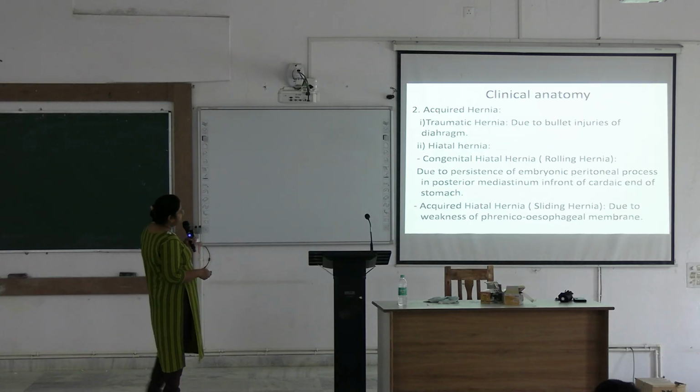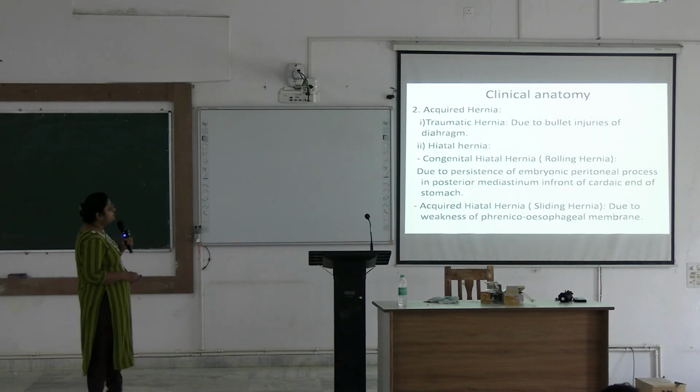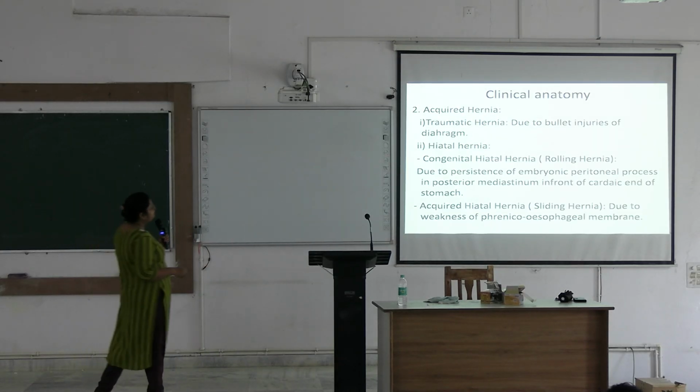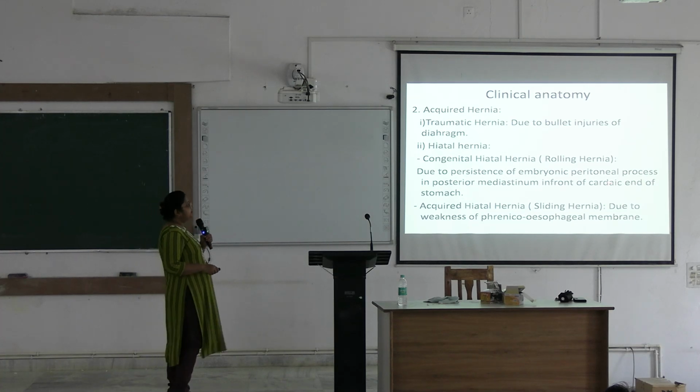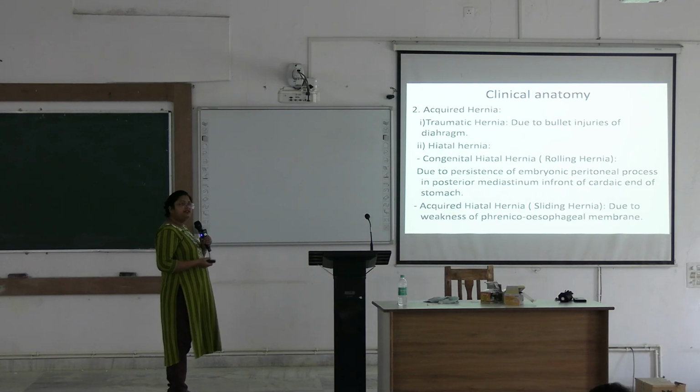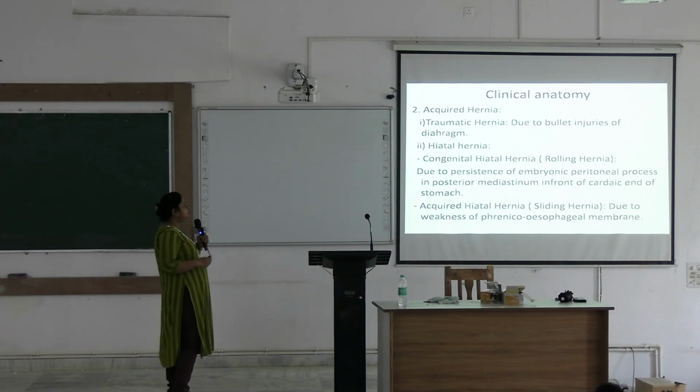Congenital hiatal hernia, or rolling type, is due to persistence of the embryonic peritoneal process in the posterior mediastinum in front of the cardiac end of the stomach. This is the reason for the hernia. You remember the picture: part of the fundus of the stomach herniates into the thorax.